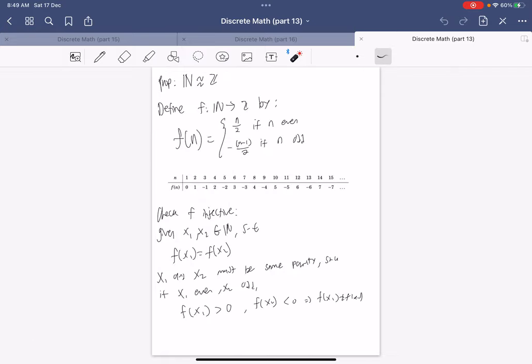Now, let's prove something about two sets that are equinumerous to each other. These two sets are very commonly used: the natural numbers and the integers.